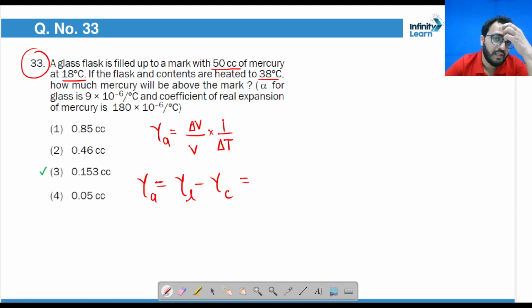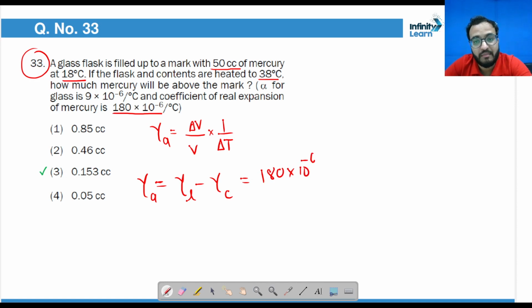Now, what is gamma of the liquid? Have they given anything? Okay, gamma of the liquid is given. This is 180 into 10 to the power minus 6 minus gamma of the container, which is 3 times alpha of the container.